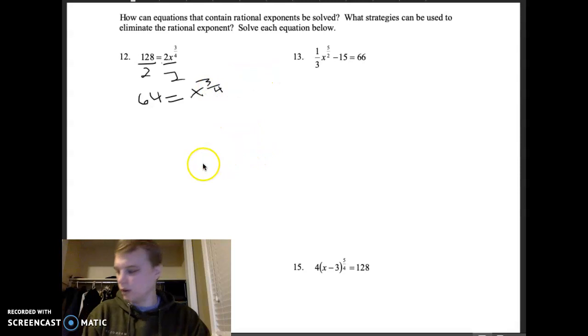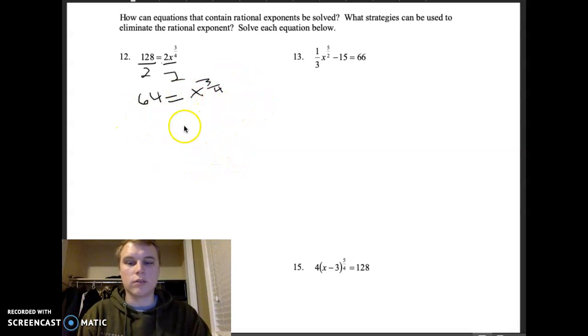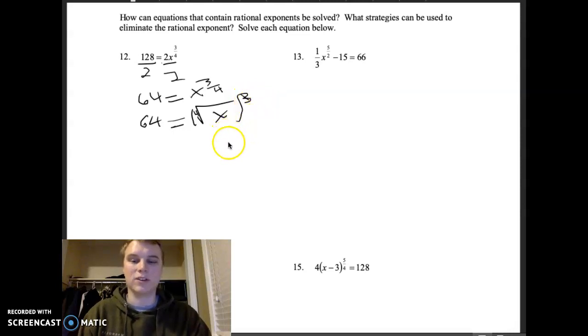Now I'm going to rewrite the x to the 3/4 as the 4th root of x cubed. And we'll rewrite the left side, 64, and then do my parentheses. Nope, that's a 3. There we go. Then I'm going to do the opposite of the exponent. So instead of cubing everything, I'm going to be doing a cubed root of both sides.